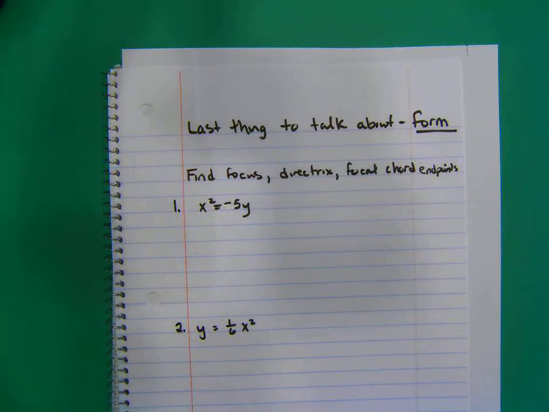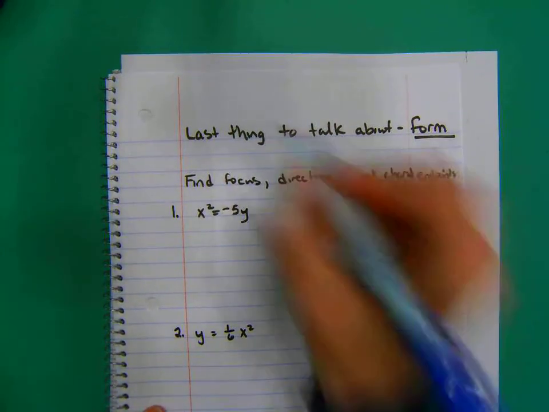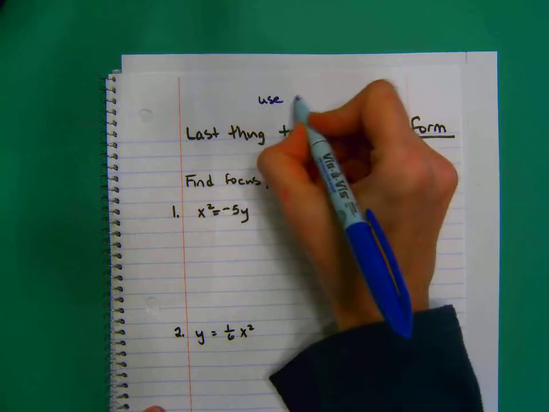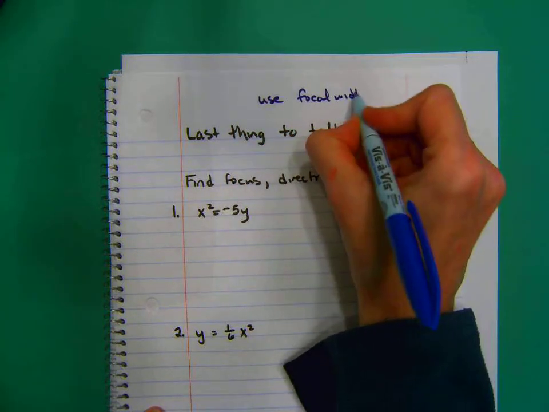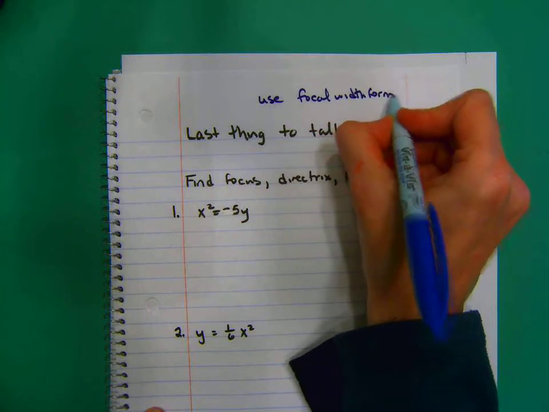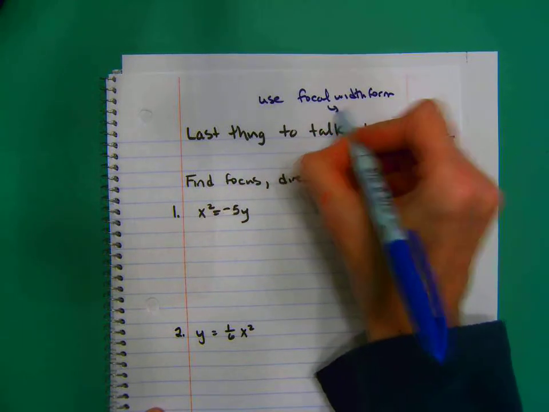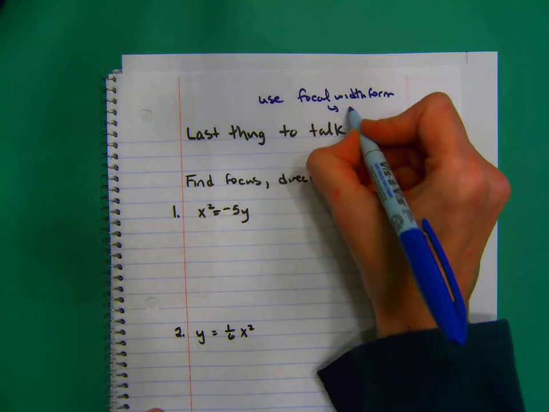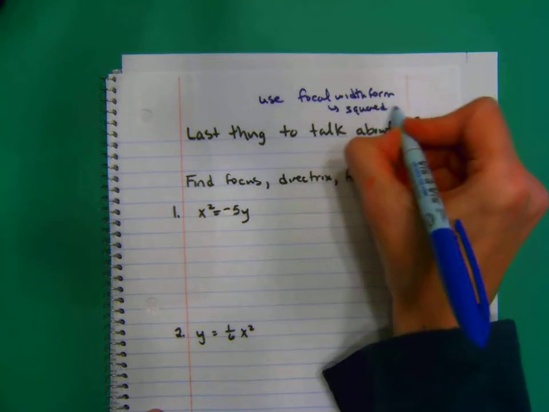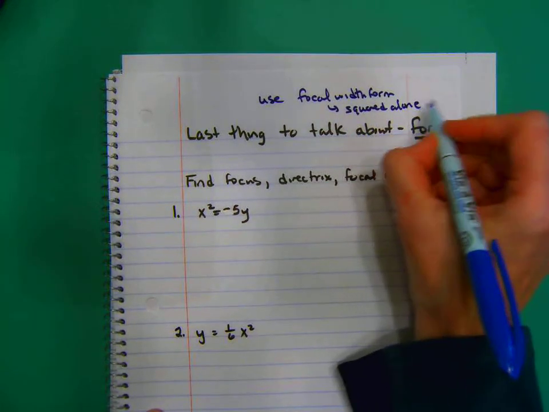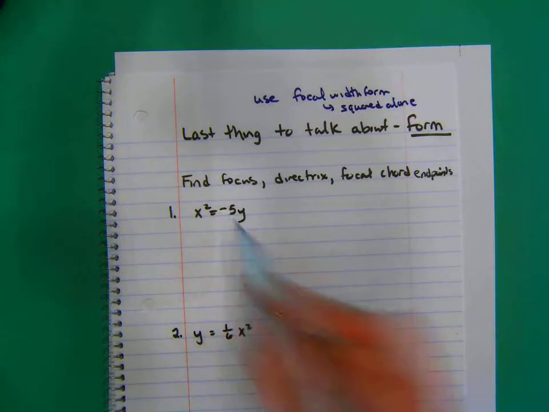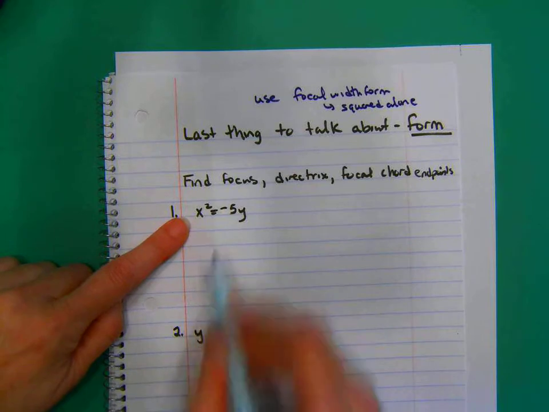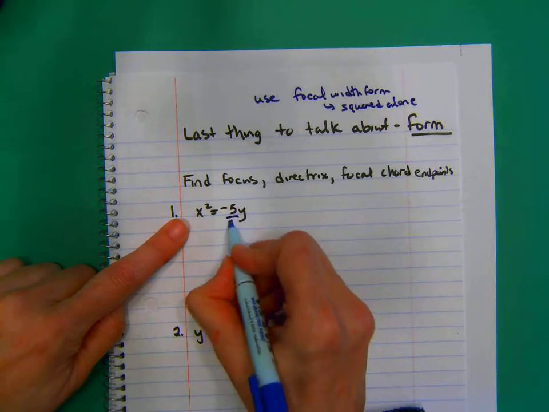So I'm going to use the focal width form, which is get the squared by itself. And that will give me that the coefficient here will be 4c. So here the squared is by itself. This will be 4c right here.